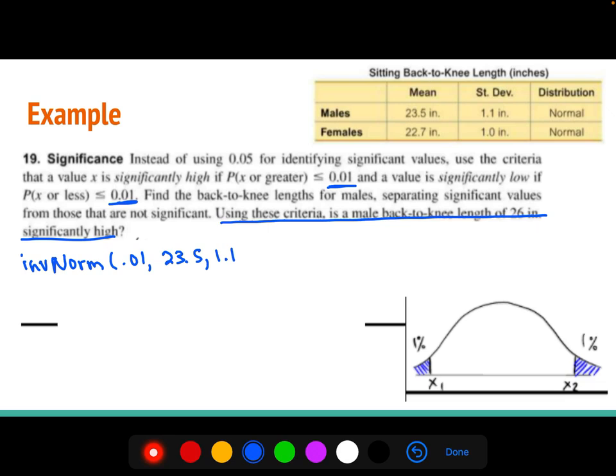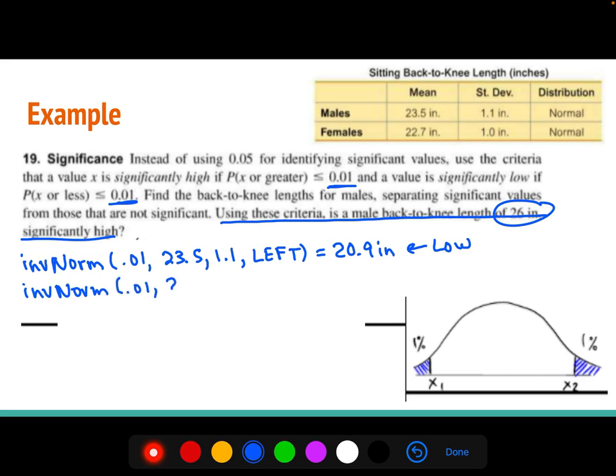And men are 23.5 and 1.1. If we use the left, that tells us that they should be at 20.9 or less for the low. And this one's asking about 26.